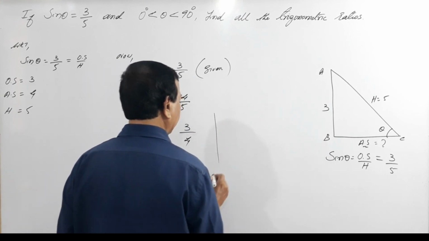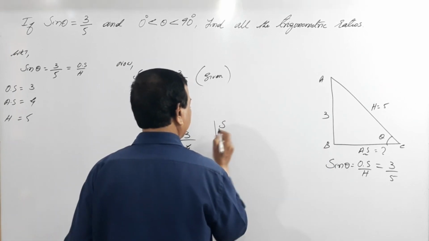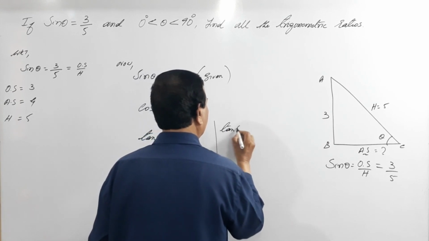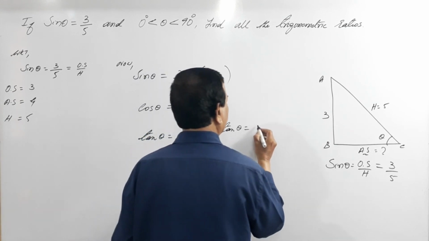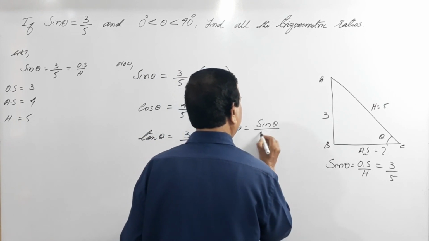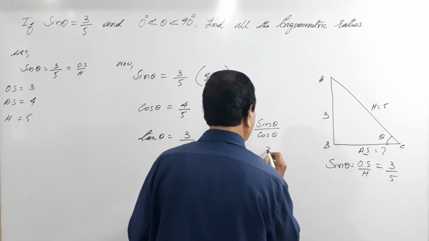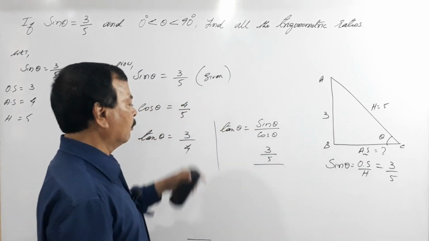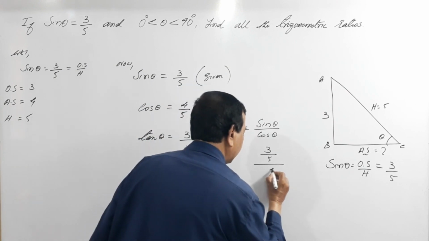Otherwise, the second method: tan theta equals sin theta divided by cos theta. 3 by 5 divided by cos theta, which is 4 by 5.